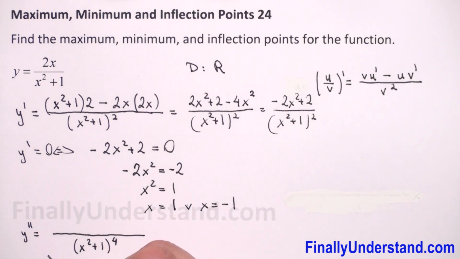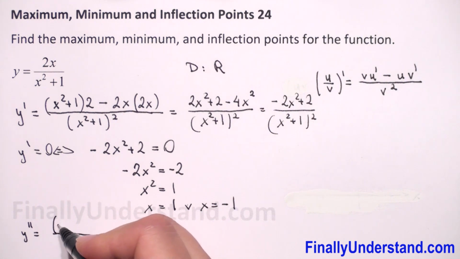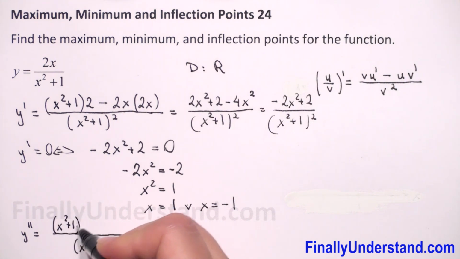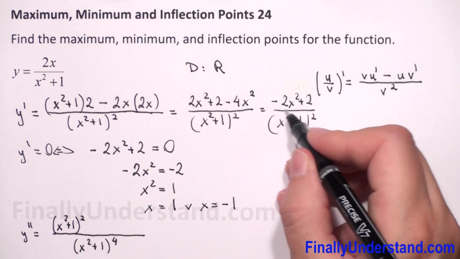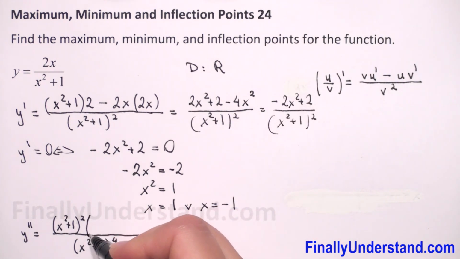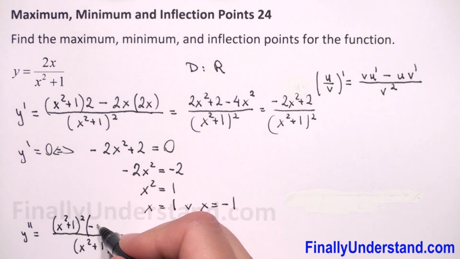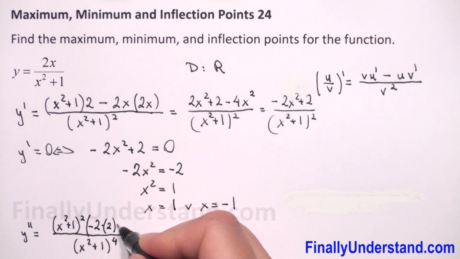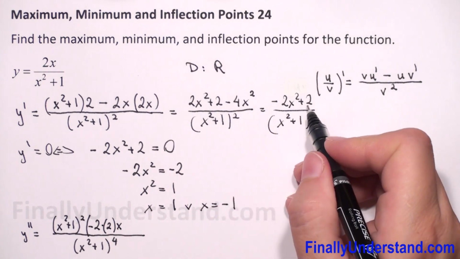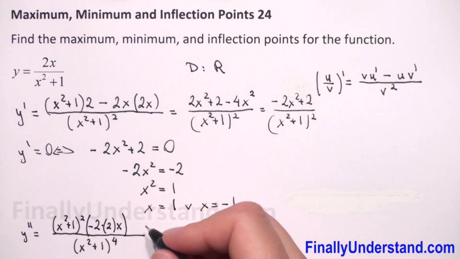And in the numerator, we will have x squared plus 1 to the second power times the derivative of our numerator, so negative 2 times x. The derivative of 2 is 0, so we don't have to write it.